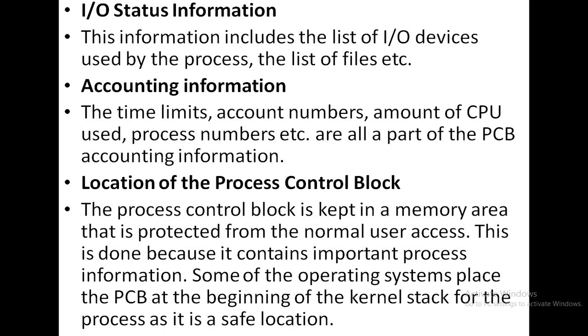A layman does not access the process control block of a computer system. This is done because it contains important process information. Some of the operating systems place the PCB at the beginning of the kernel stack of the process as it is a safe location. Okay.